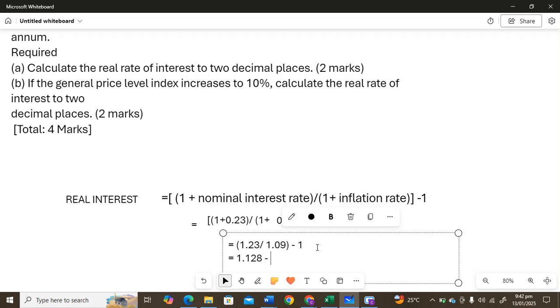You subtract from 1, that's going to give us 0.128.